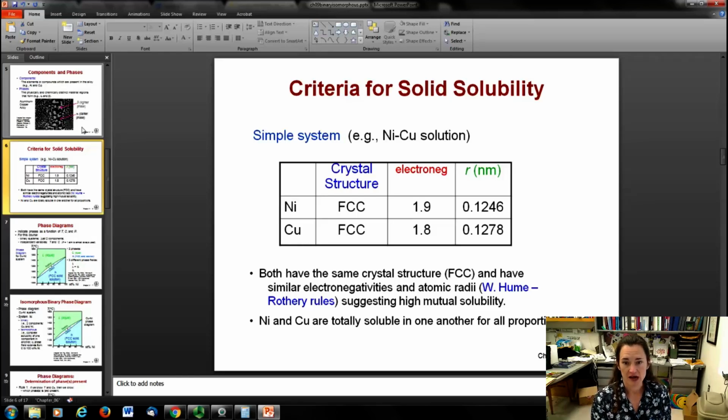All right? Now, they both have the same crystalline structure. They're both FCC, and they have similar electronegativities and atomic radii. So you might remember the Hume-Rothery rules that we covered in a previous lecture. So these two things have very high mutual solubility. All right? So they're totally soluble in one another for all proportions, which is awesome, and as we'll see, really unusual, actually.